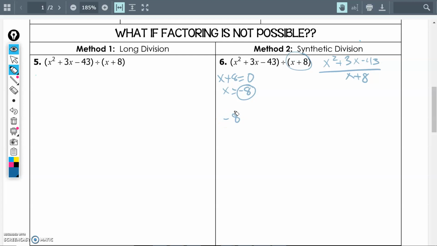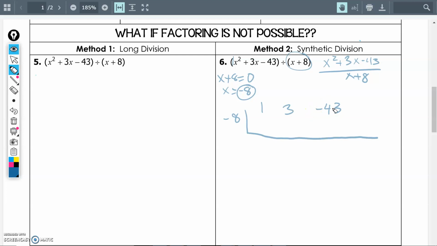On the inside, you're going to make an upside down division sign, just like that. The numbers you're going to put on the top here are the coefficients in order of your numerator. So in descending order, we have 1, 3, and negative 43.